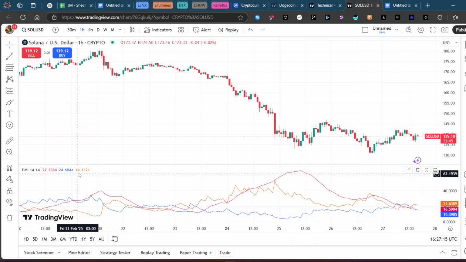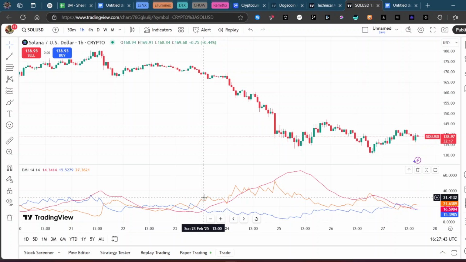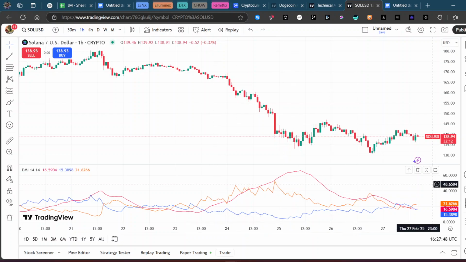Then we have the negative DI, the negative directional indicator, measuring bearish strength, this orange line. And then we have the ADX, or the average directional index, this red line, which measures the overall trend strength. By looking at how these three lines interact, we can determine the direction of the market, spot strong trends, and avoid getting caught in choppy price action.